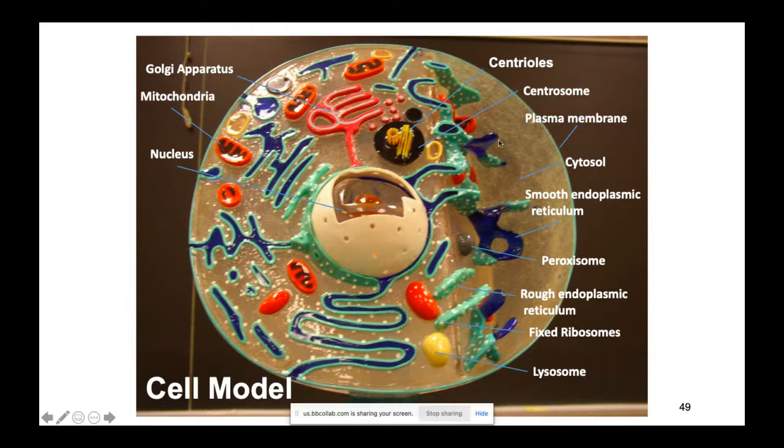Okay, those are the main organelles. There are some others that this model doesn't show, like the cytoskeleton of the intermediate filaments and the microtubules and the cilia and villi. I'll show you those on a different picture.